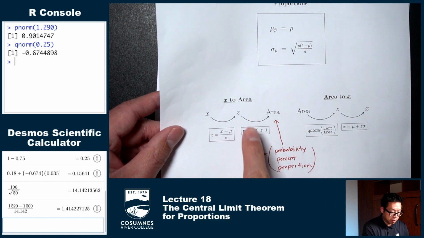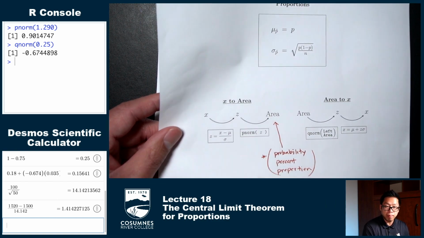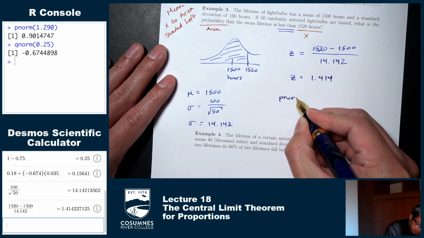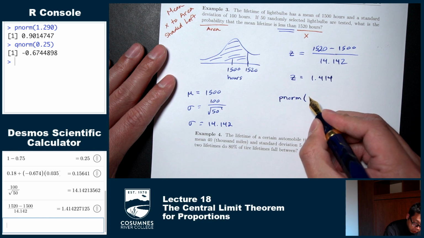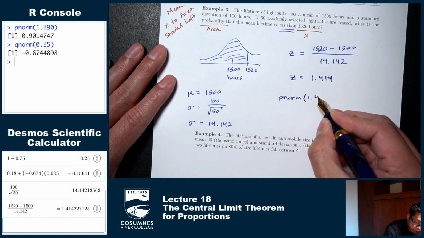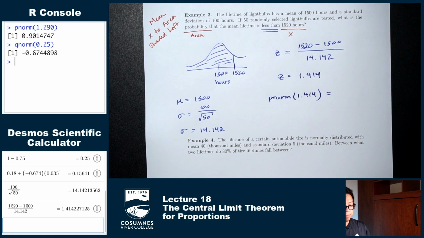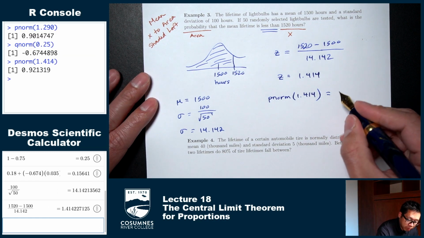The next step will be z to area by doing a p-norm. So we're going to do p-norm. Our z was 1.414. So in our p-norm, 1.414, 0.921.